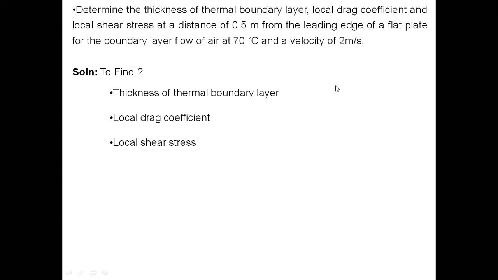This is the problem statement. So here what we have to find? We have to find the thickness of the boundary layer at the distance mentioned, local drag coefficient, local shear stress. These are all the quantities we need to determine.